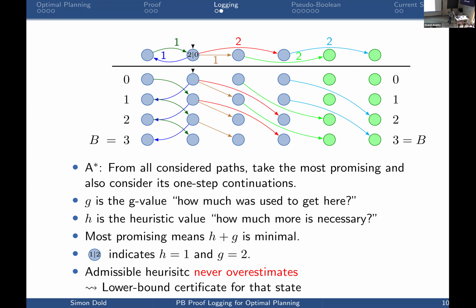And we ask our heuristic, just some sort of subsystem in our planner, and it should tell us and estimate how much more is necessary. And since we need this promise that it never overestimates, we require from it also a lower bound certificate for this particular state.